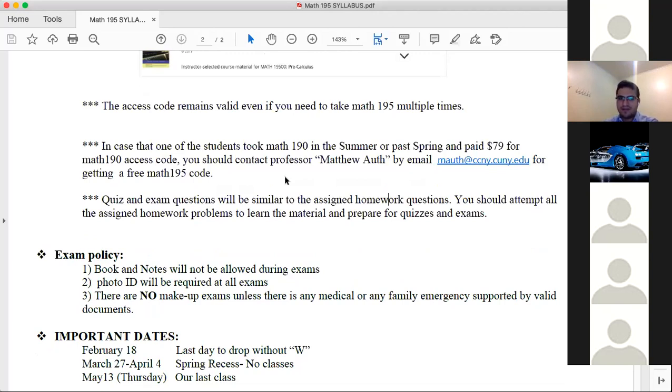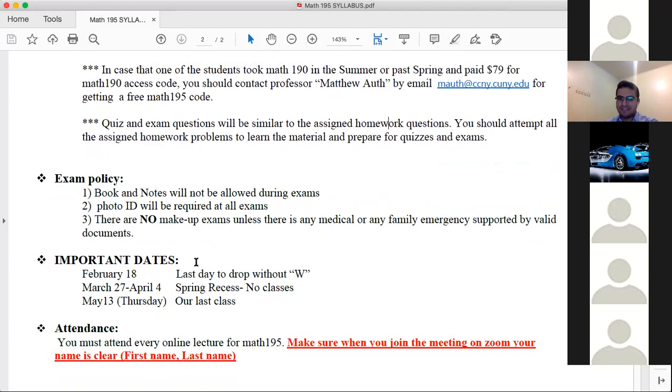Okay, so now the exam policy. What is the exam policy? Books and notes will not be allowed during the exam. You cannot open any notes during the quizzes and the exam. Cheating is not allowed. So please don't open any notes or books during the test or the final exam. Photo ID will be required at all exams.